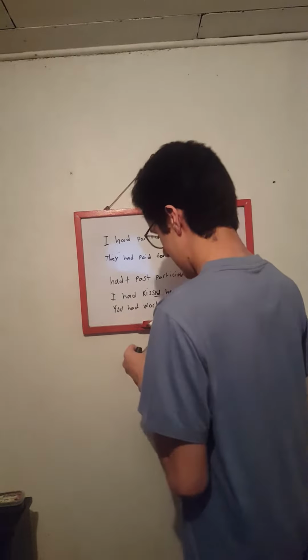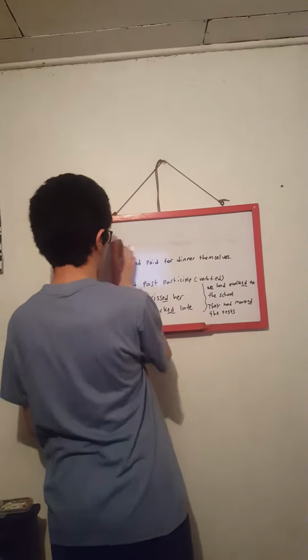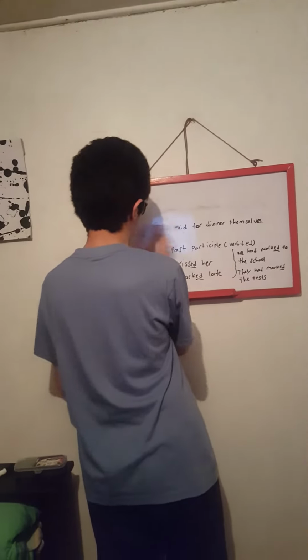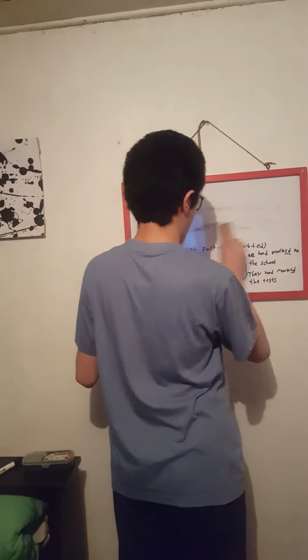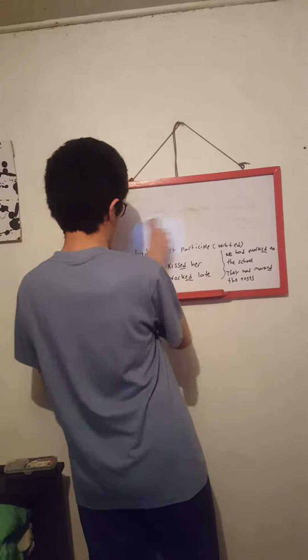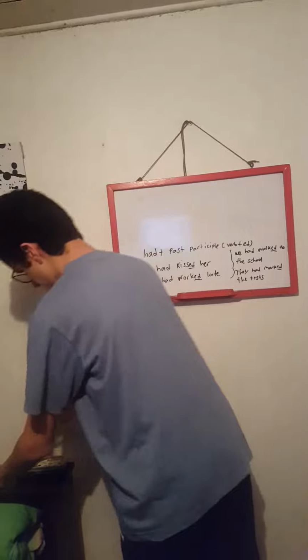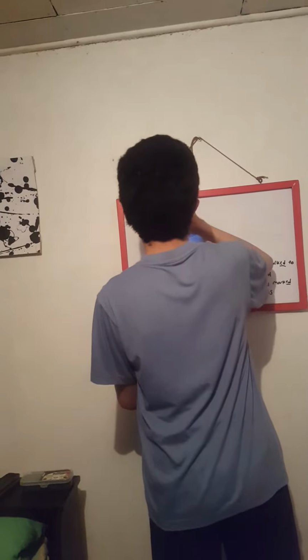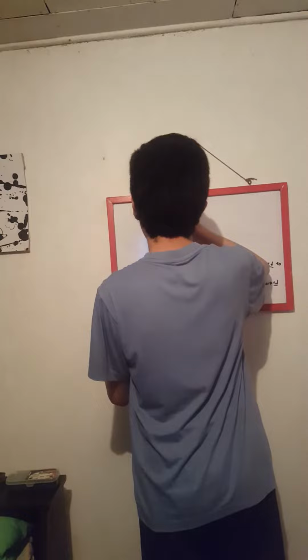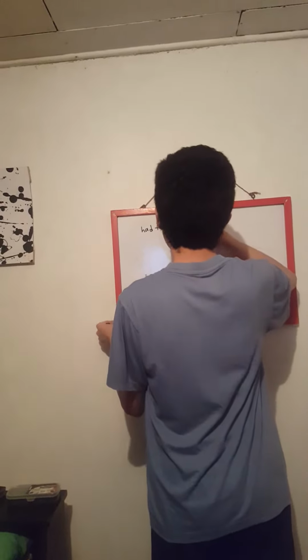Then we need to pay extra attention to verbs ending in e, such as live, close, wipe, etc. These verbs use had plus verb plus d.